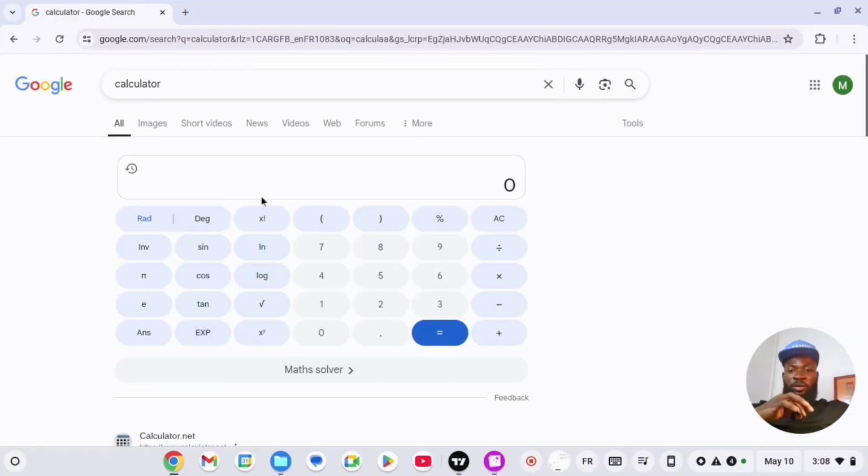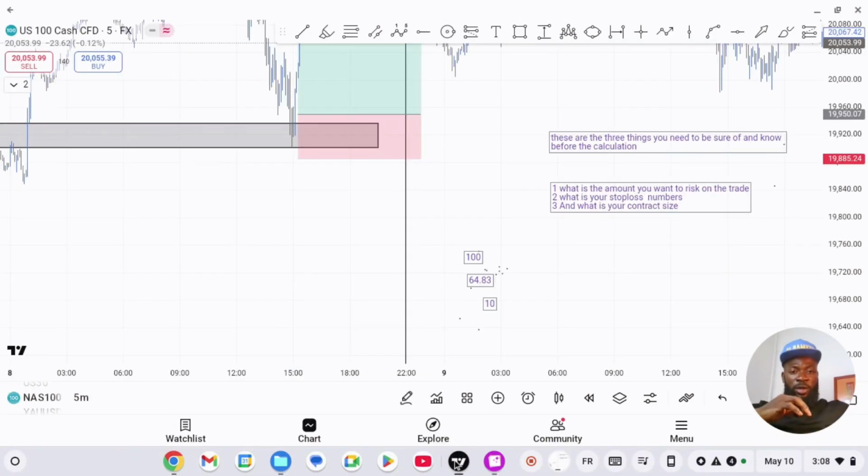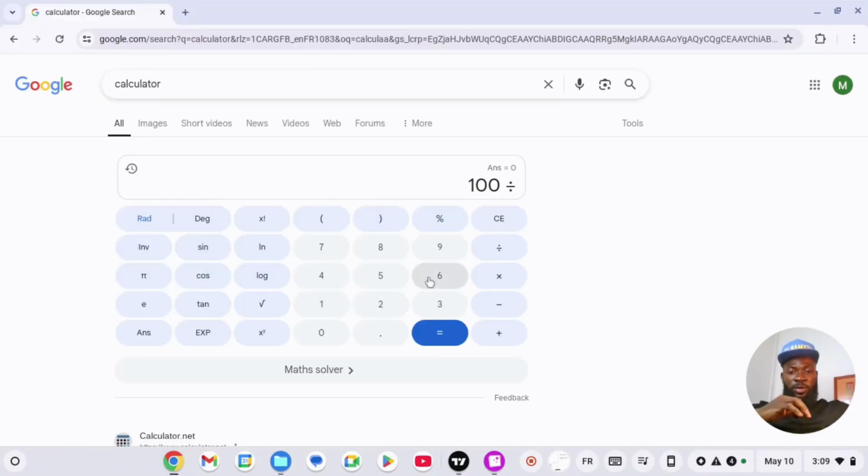Now we want to risk $100, divided by 64.83.